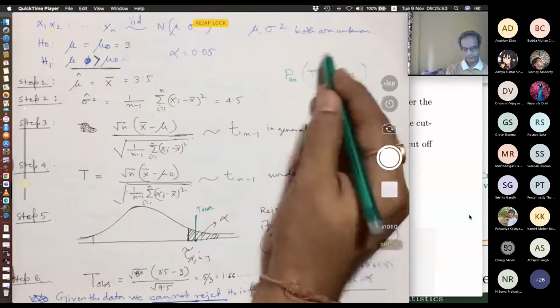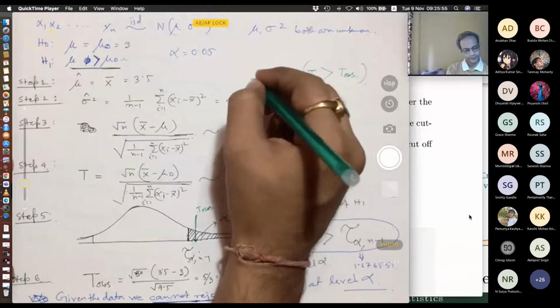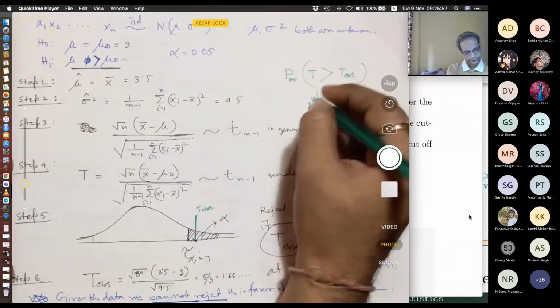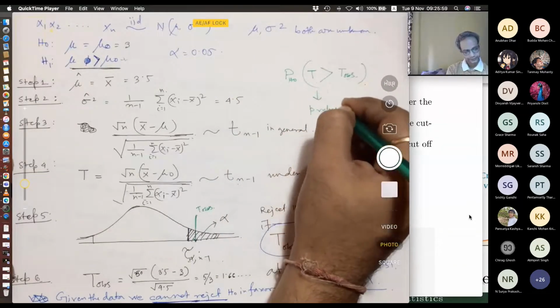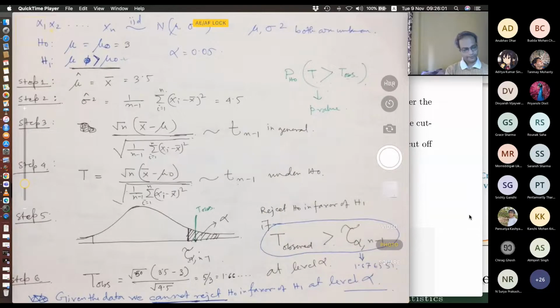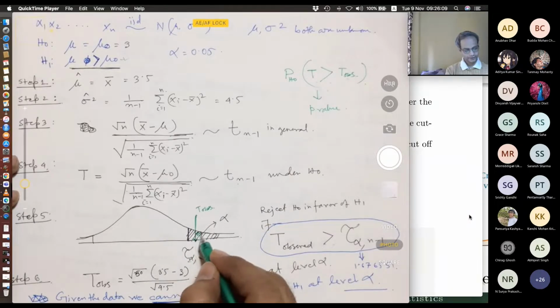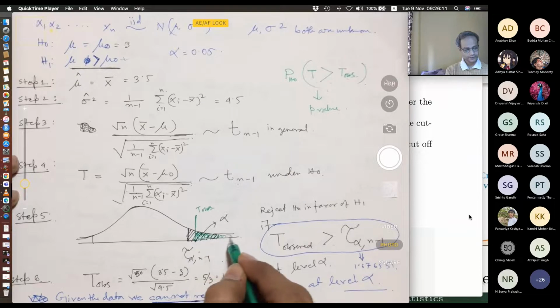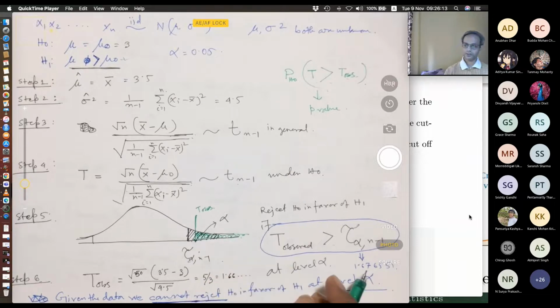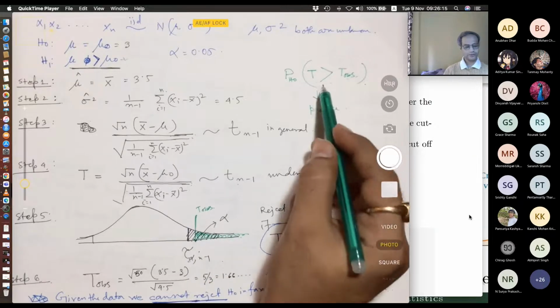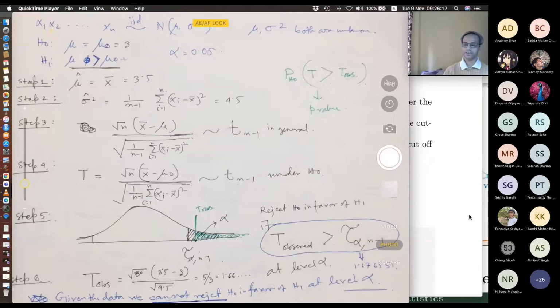This value is known as the p-value. Now if the observed value is here, and you integrate from this point up to infinity, will this value be greater than alpha or less than alpha?